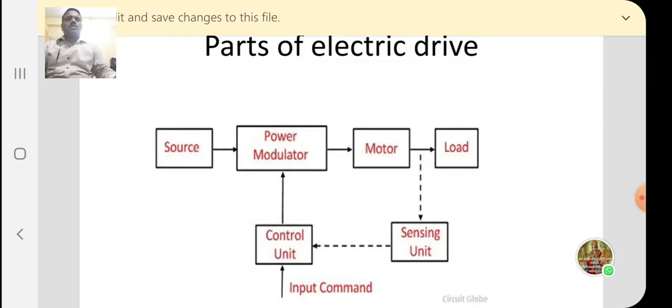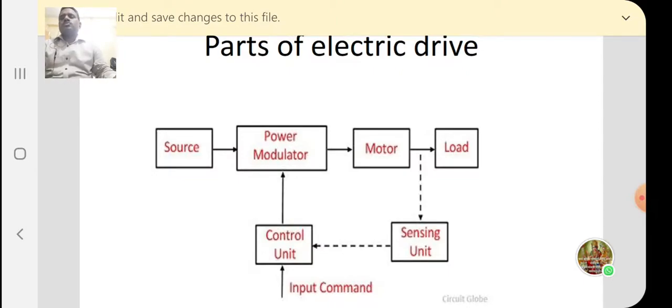The other part is the power modulator, which converts the supply from one form of energy to another form, and the source here can be a DC or AC source.